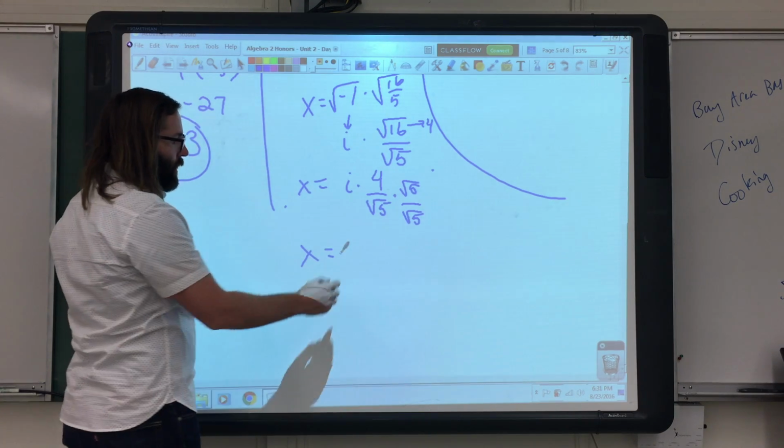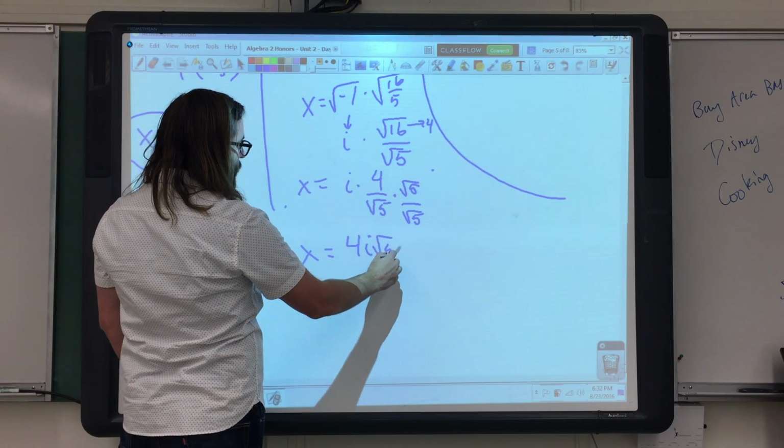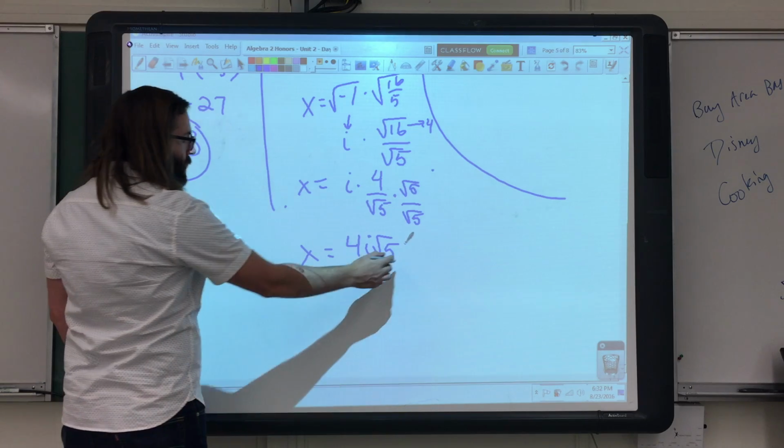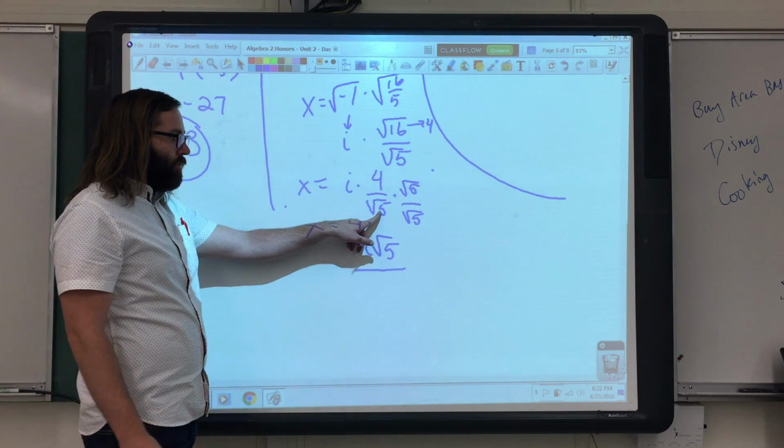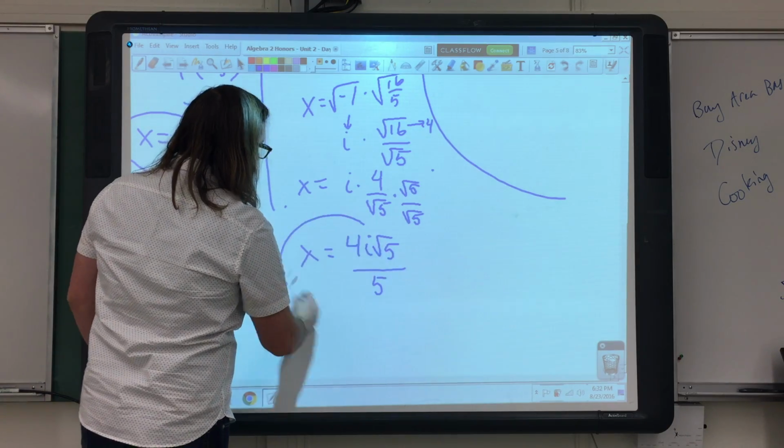When you do that, you get 4i times the square root of 5 up top. Down here you have the square root of 5 times the square root of 5, which gives you 5.